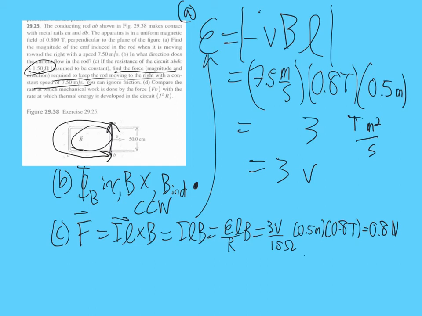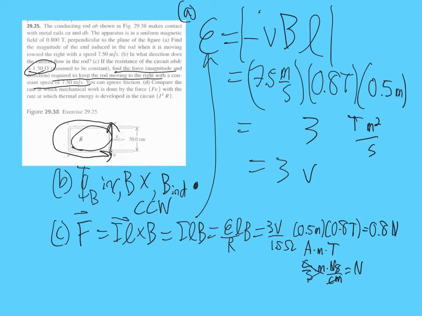That's going to be amps times meters times Tesla. Amps are coulombs per second. Meters. Tesla is a Newton seconds over coulomb meter. So those go away, and those go away, and I'm left with just newtons for that. So that's C.